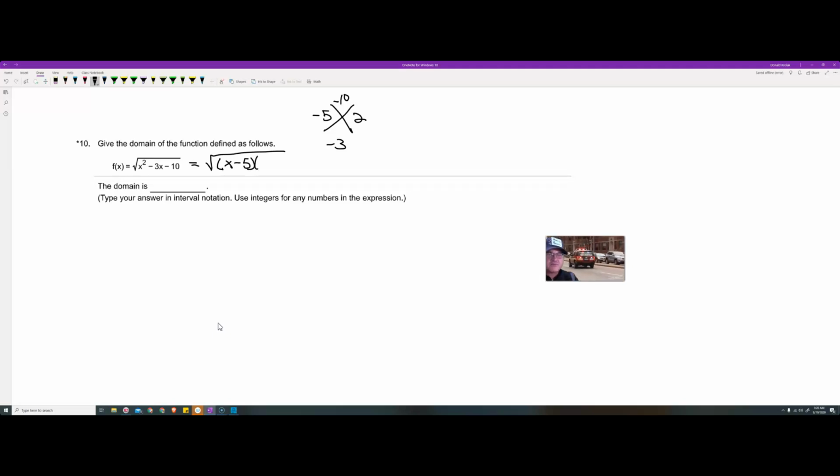Minus 5, plus 2. And then you're looking for where that is greater than or equal to 0. So you're going to solve it the same way as the other two. I won't bore you with that, but you want to know where it is greater than or equal to 0.